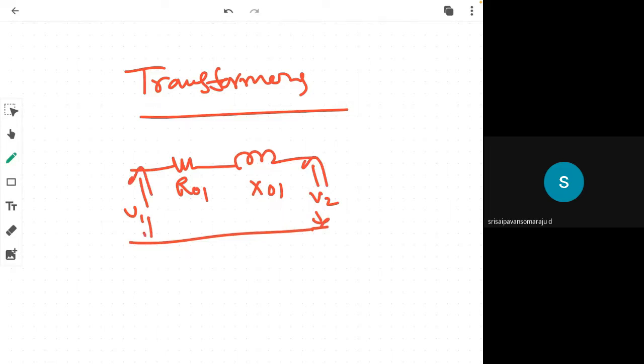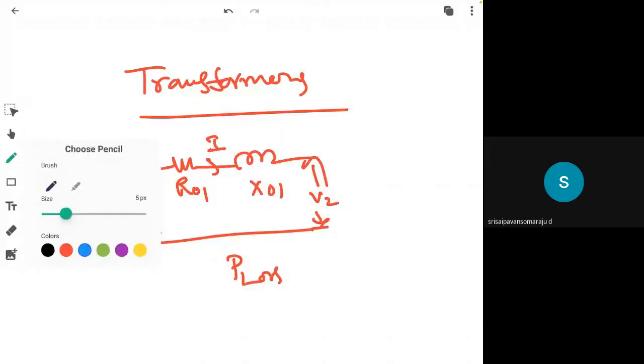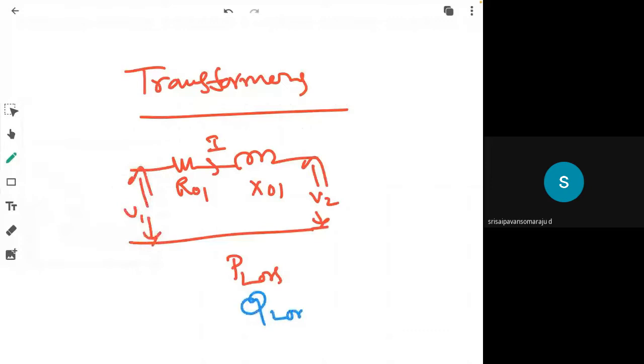When current goes through the transformer, you will get I square R loss, P loss, and Q loss.